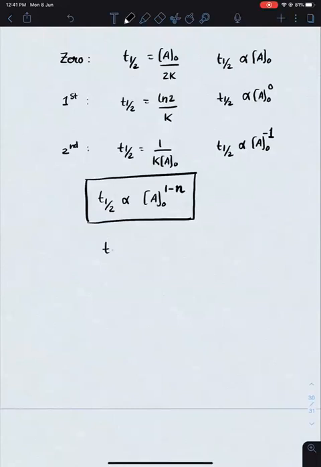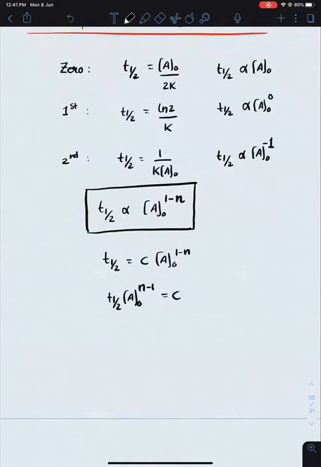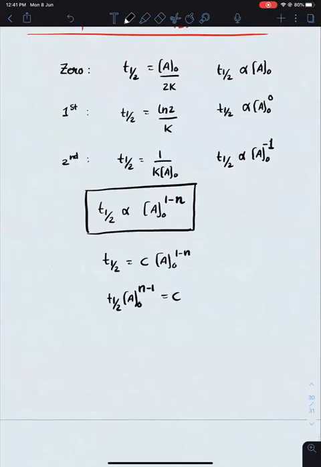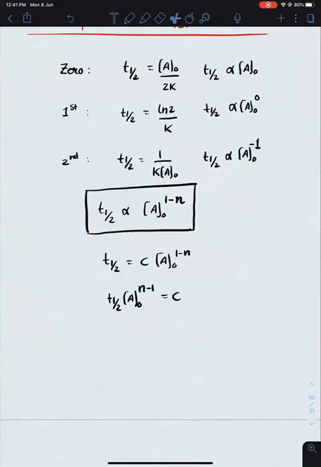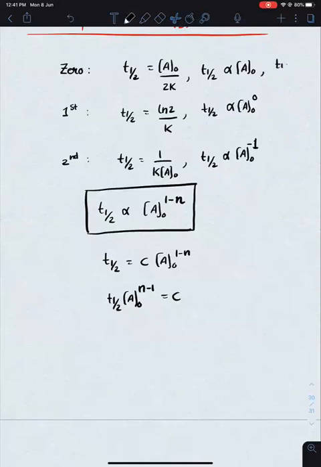और एल्स आई कैन राइट T half is equals to some constant, k से confuse होंगे, some constant c times a naught power 1 minus n, or I can say T half into a naught power n minus 1 is equals to constant. इस पर्टिकुलर केस में t half upon a naught must be constant.